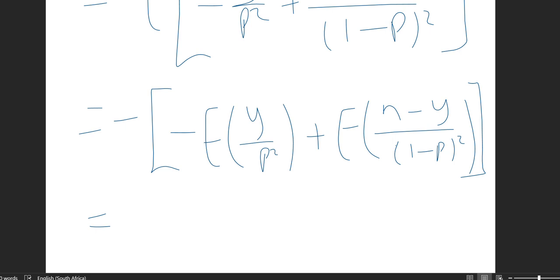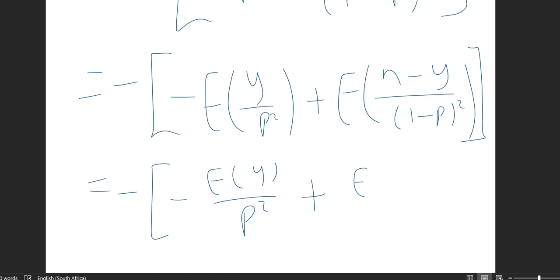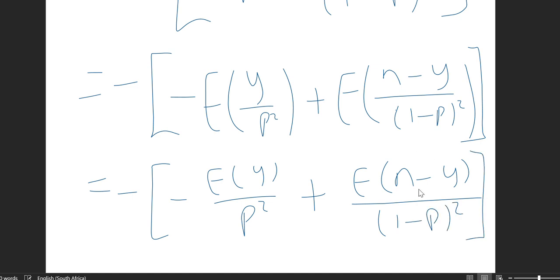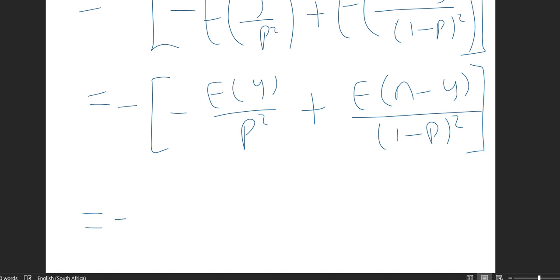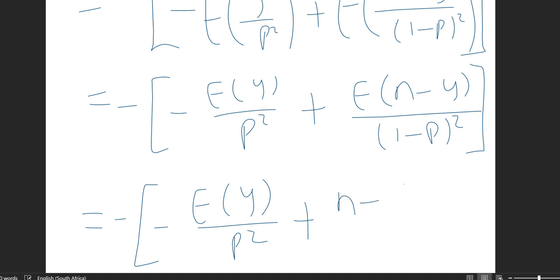Now this will be negative into negative expected value of y divided by p squared plus expected value of n minus y divided by 1 minus p all squared. Now we're gonna distribute this expected value on the inside. Now this will be negative expected value of y divided by p squared plus n minus expected value of y divided by 1 minus p all squared.